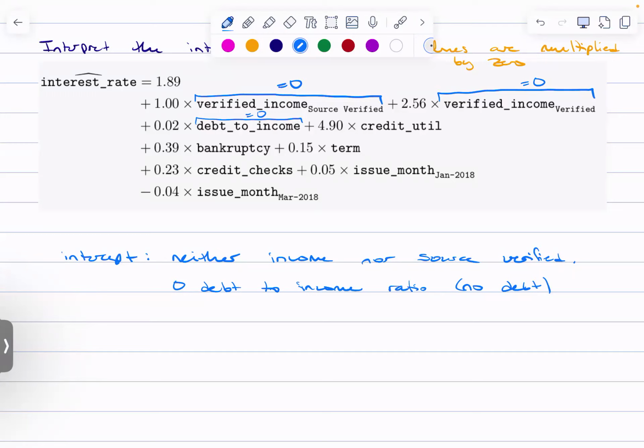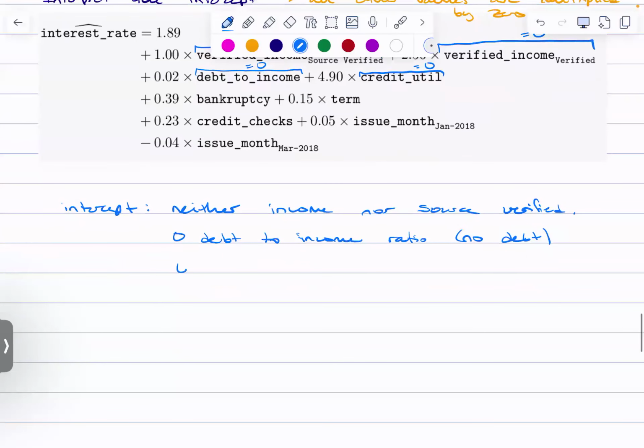Credit utilized is 0, which means they're not using any of their credit, right? And so all their credit cards are paid off and things like that, right? And so 0 credit utilized.